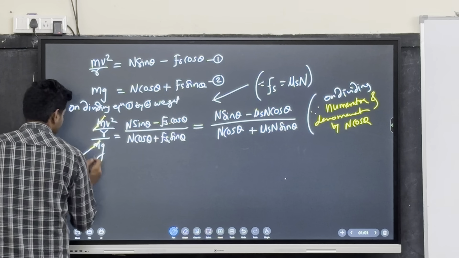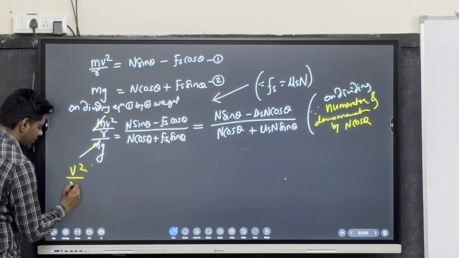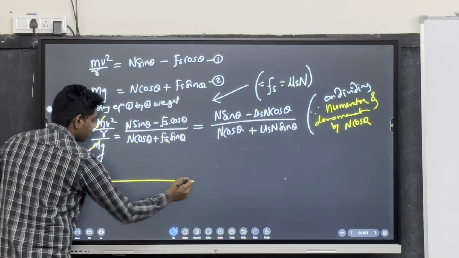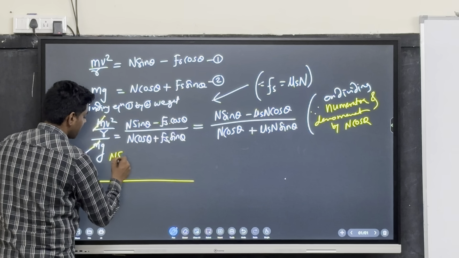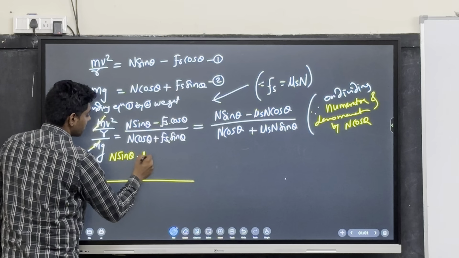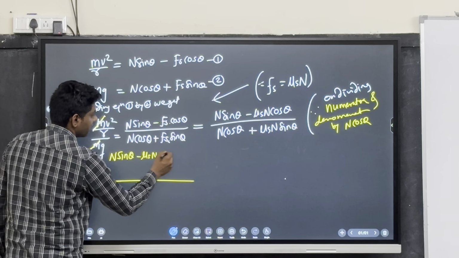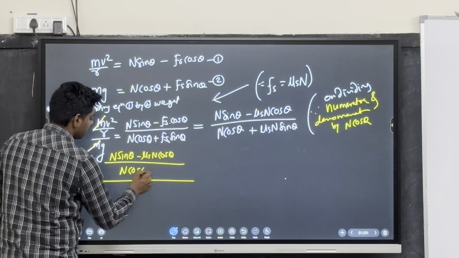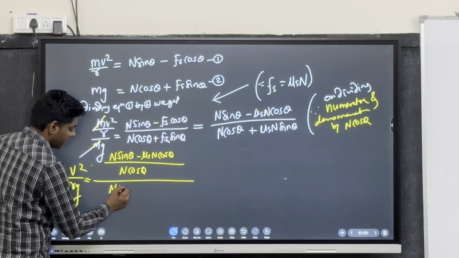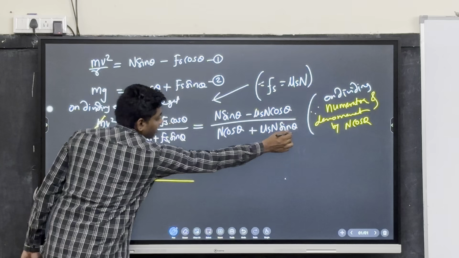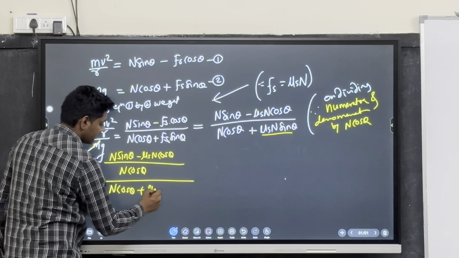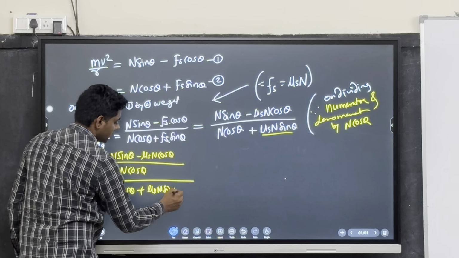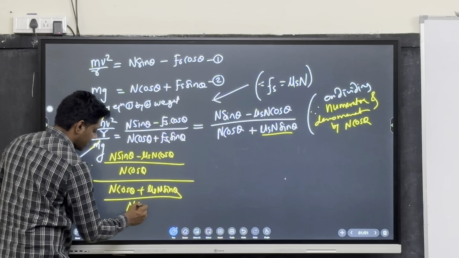After cancelling the mass, we get v square by rg is equal to N sin theta minus mu s N cos theta divided by N cos theta, over N cos theta plus mu s N sin theta divided by N cos theta.